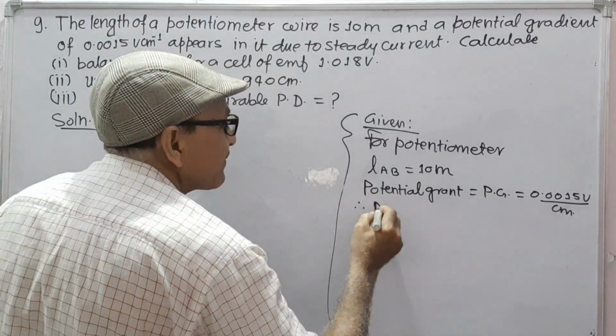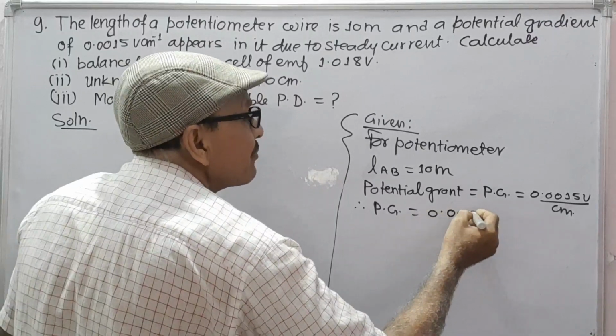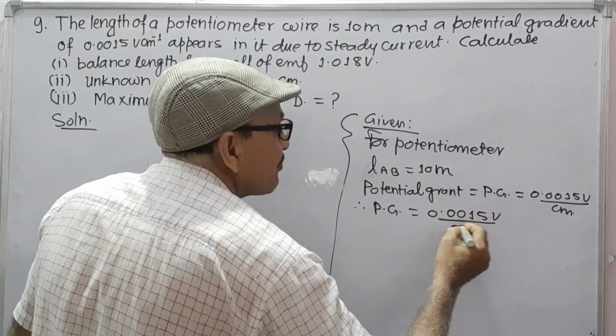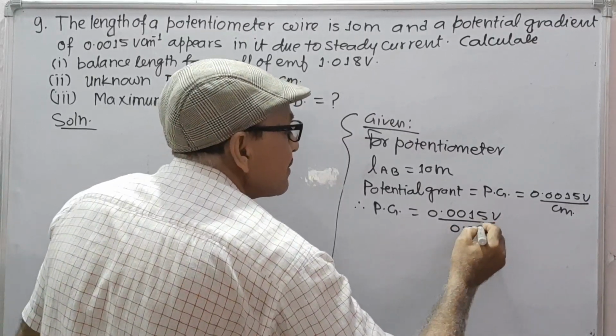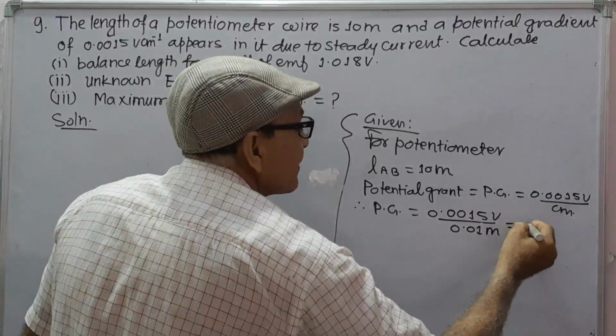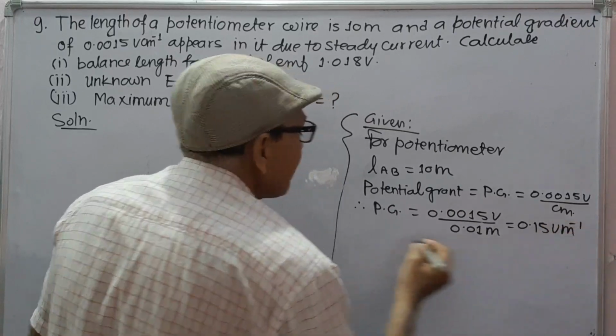Therefore, potential gradient will be equal to 0.0015 volt upon 0.01 meter, which gives 0.15 volt per meter.